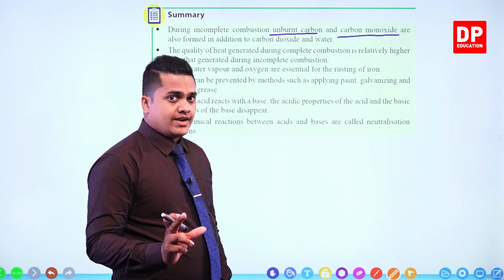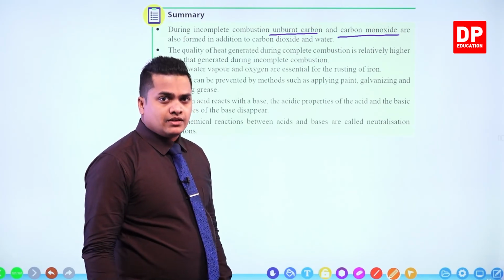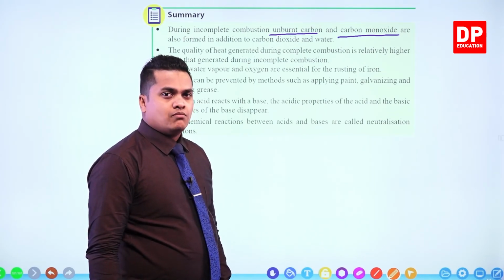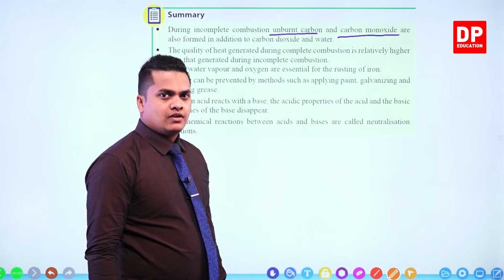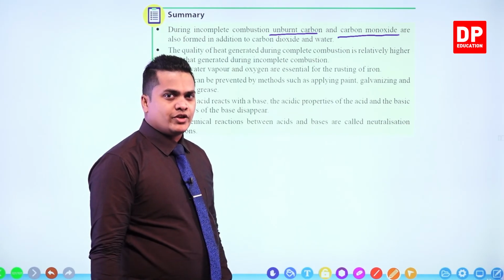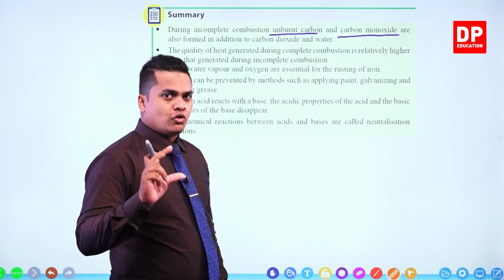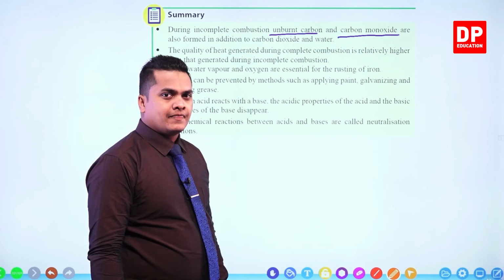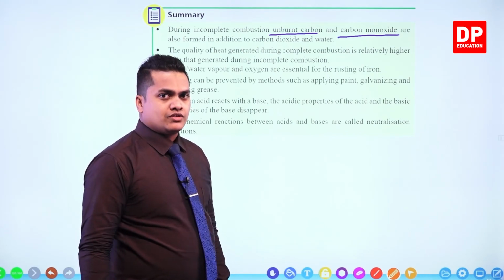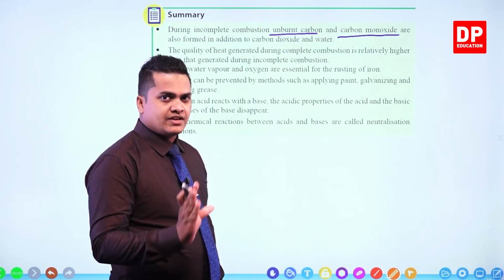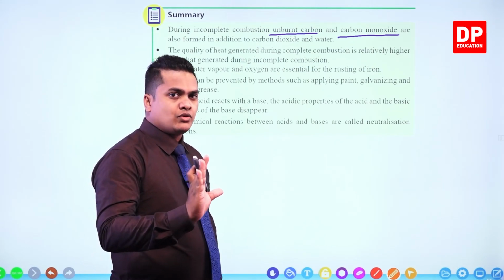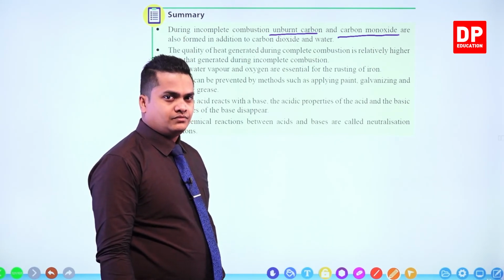And we discussed that during a complete combustion, more heat is emitted, while in an incomplete combustion, less heat is emitted. Complete combustion shows a blue color flame. Incomplete combustion shows a different color flame, related to red or yellow.